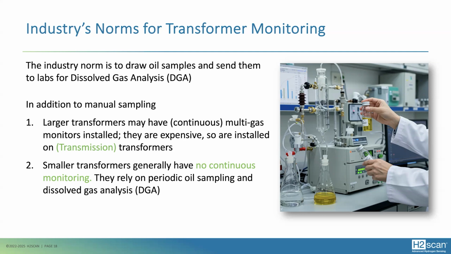They rely on periodic oil sampling and then the subsequent lab-based dissolved gas analysis. So if you're a bigger transformer, you probably know what's going on, especially if it's a critical asset, especially if it's sitting under NERC's observation. But if it's a smaller transformer, you're limited to the frequency and the timing of getting a manual sample.